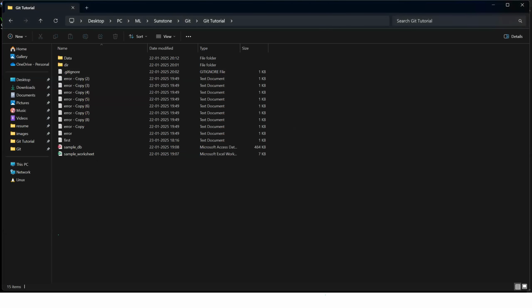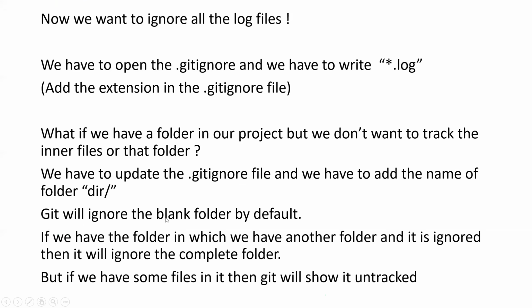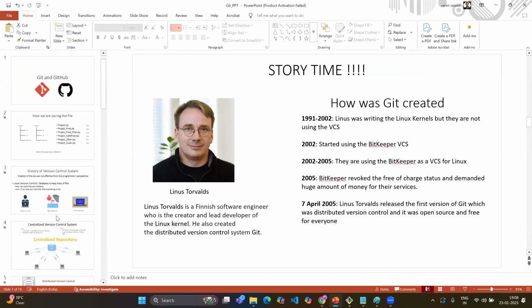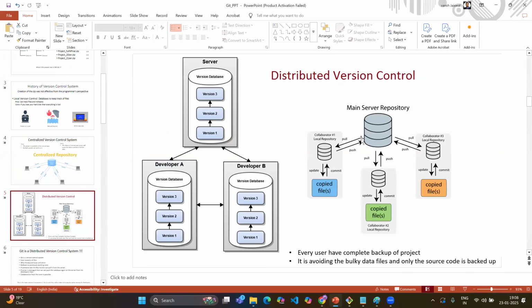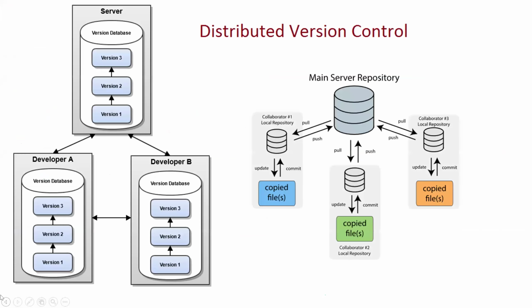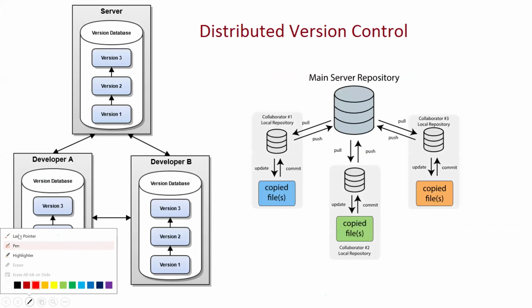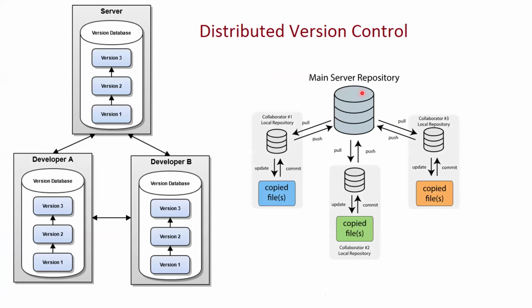We saw that in the distributed VCS, there is one central repo, sorry, distributed repo over here, where we have to host the complete repo. From there we can do the pull, push, and all those things.